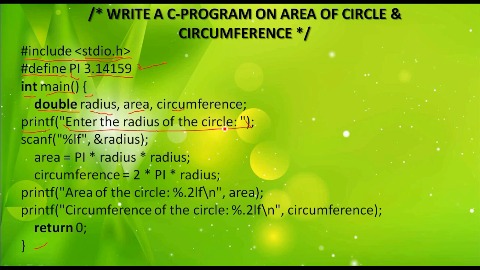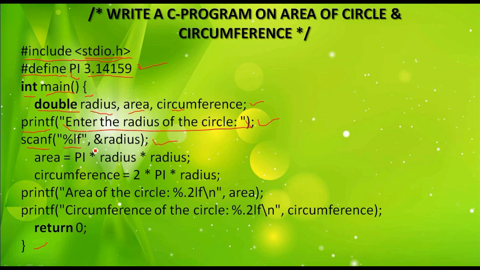At the end of each statement we must put the semicolon, like this. In main, every statement ends with a semicolon. Now we are using scanf. Scanf is the input statement. %lf, lf is used for the double data type, so lf means long float.